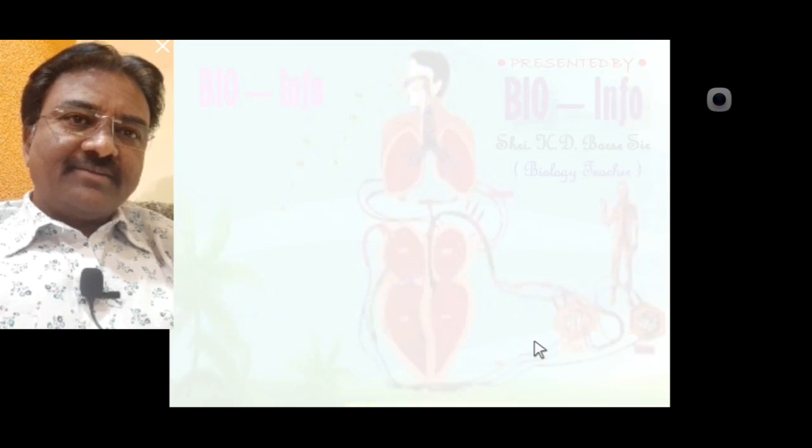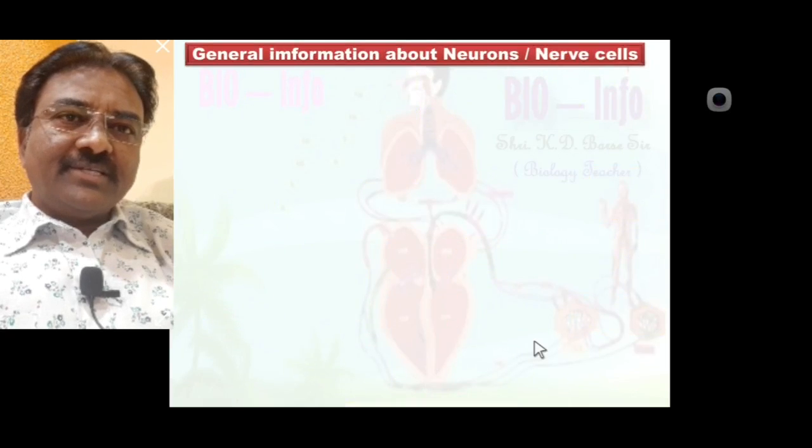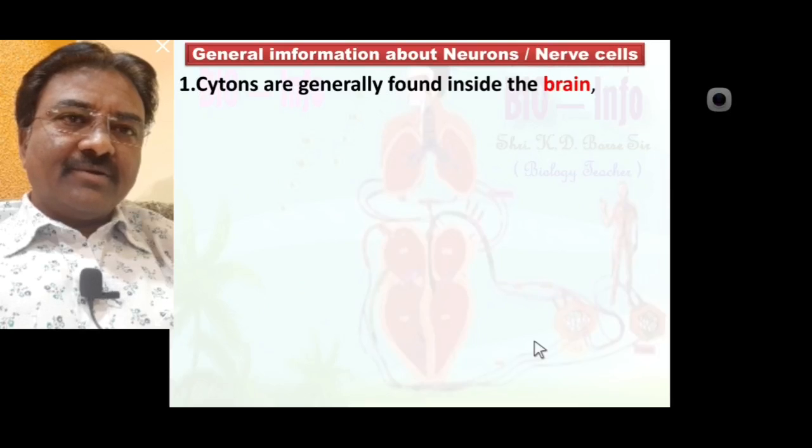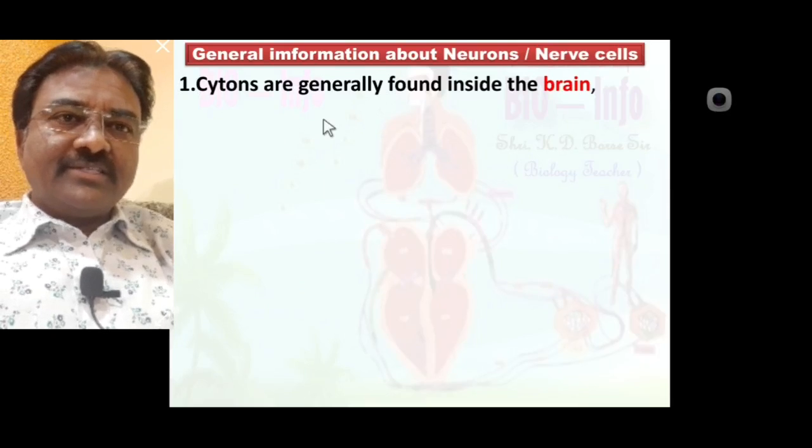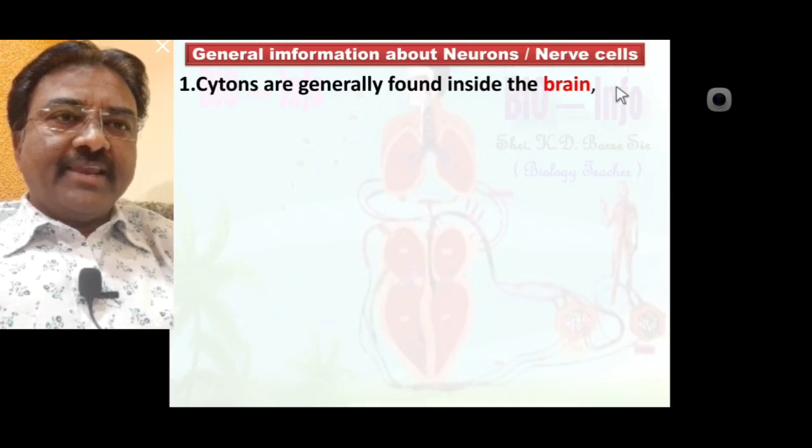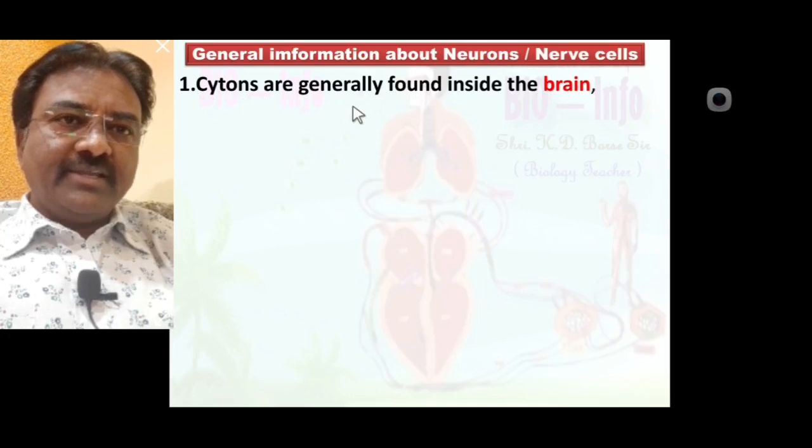Now we learn some general information about neuron. Cyton are generally found inside the brain, means in the brain, which part of the neuron is there? The cyton part generally.